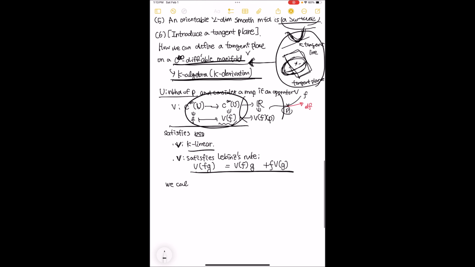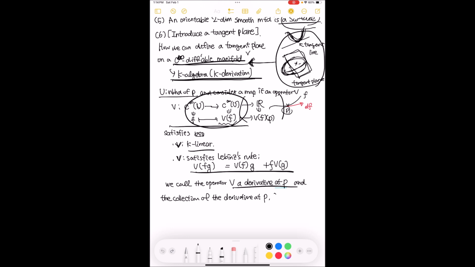We call the operator V a derivation at P, and the collection of derivations at P is denoted by T_P M. Explicitly, it is the collection of K derivations.